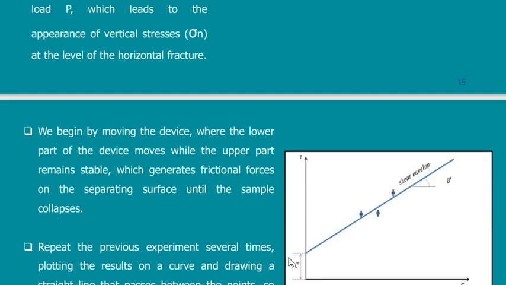If I draw this line, it will cut the y-axis in a point. This value here is the C value of the soil. So this directly will give me the value of C, and the phi is the angle of the slope of this line, so I can get C and phi.